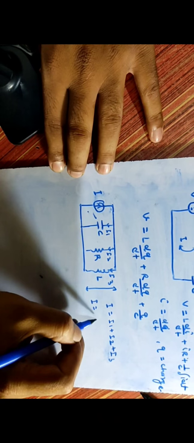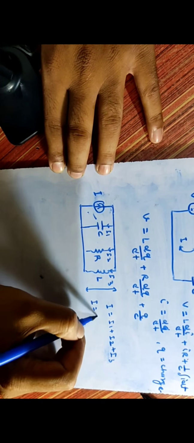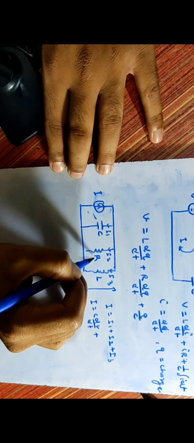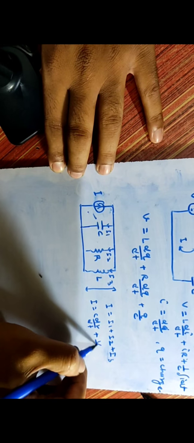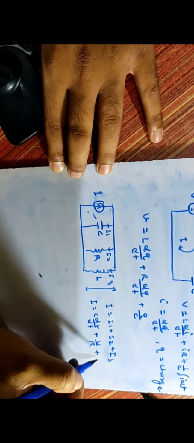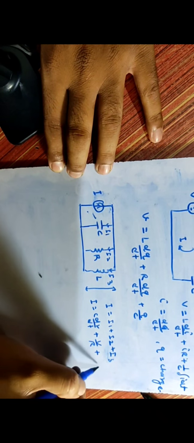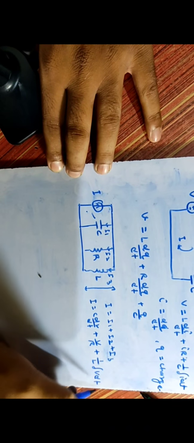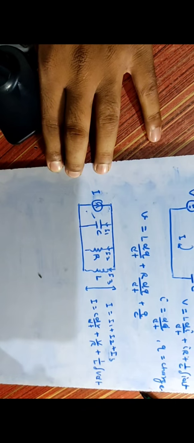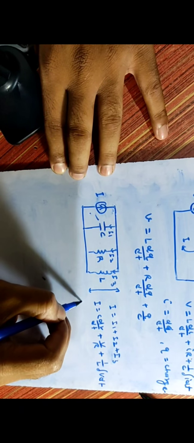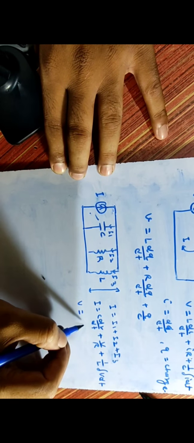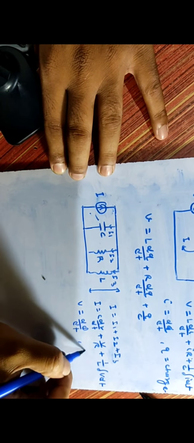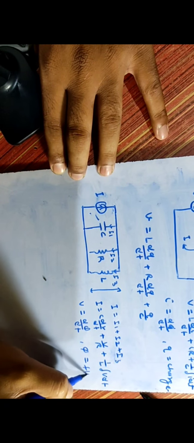Current across the capacitor is C dV/dt, current across R is V upon R, and current across the inductor is 1 upon L integral of V dt, and V is equal to d phi by dt, where phi is flux.